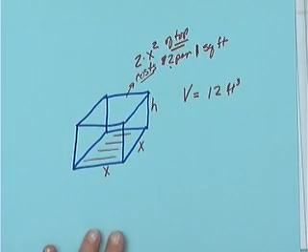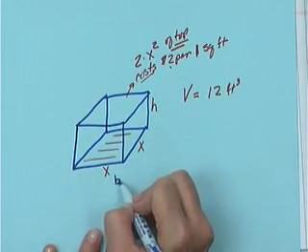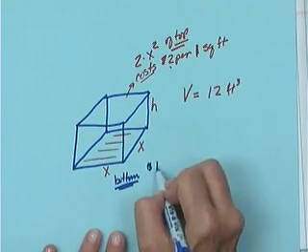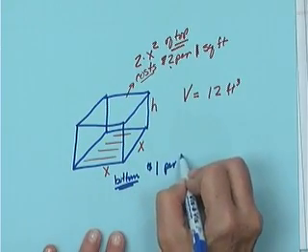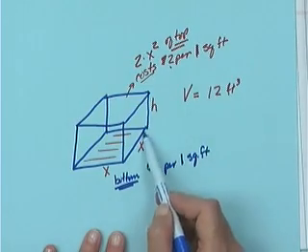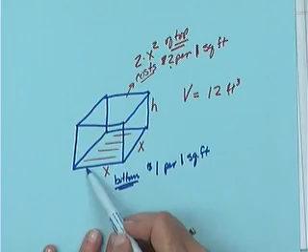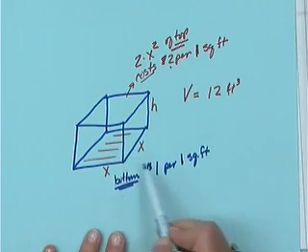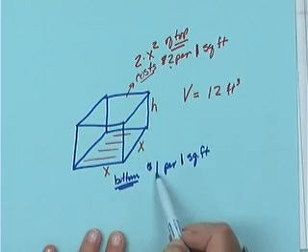The rest of the box is made out of wood, and it's only $1. So let's go to the bottom. It's going to be $1 per 1 square foot. Again, if this were 3 by 3, I would have how many square feet? 9. And the cost of the bottom would have been 9 times 1.